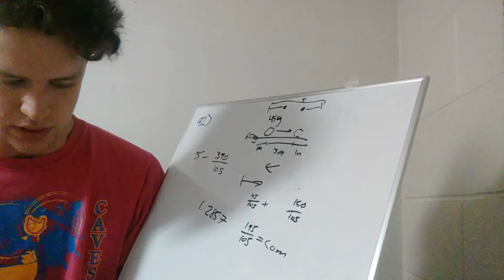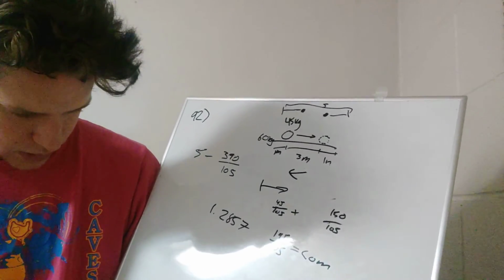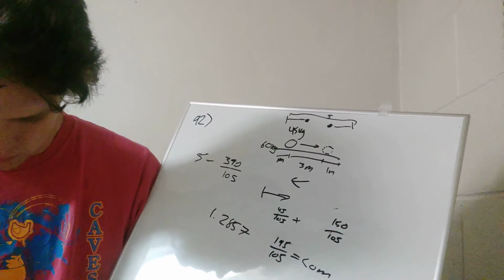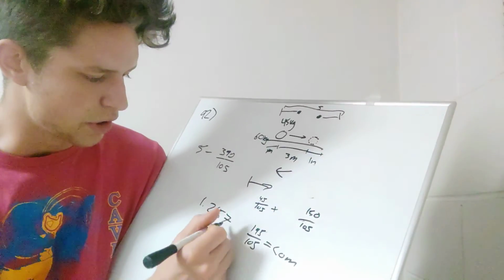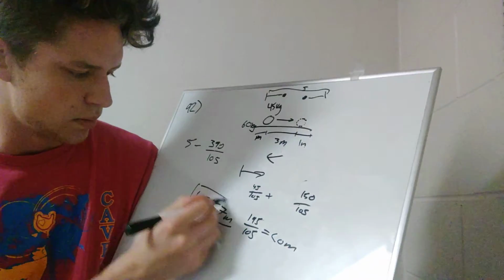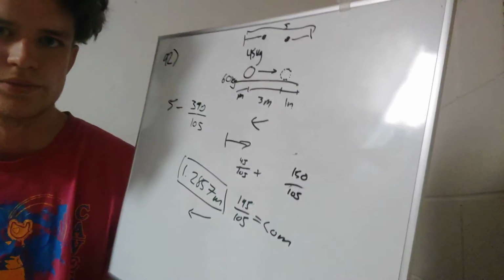Let me just double check against my other one, because I did it a different way too. Okay, so that is the right answer. And that's in meters. And that's going to be in this direction that the canoe's moving.